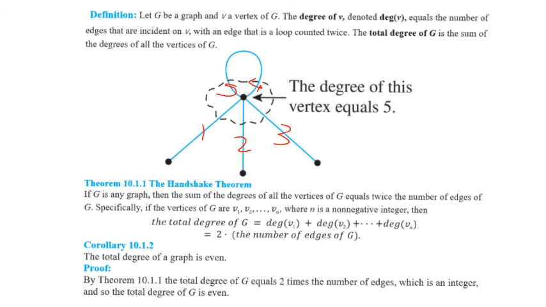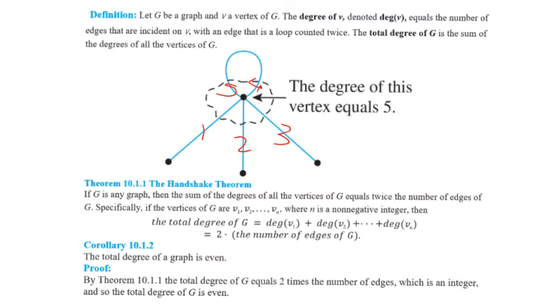And so this summation is equal to 2 times the number of edges of graph G. So that's a very famous theorem that basically says the total degree of graph G is equal to 2 times the number of edges of graph G.